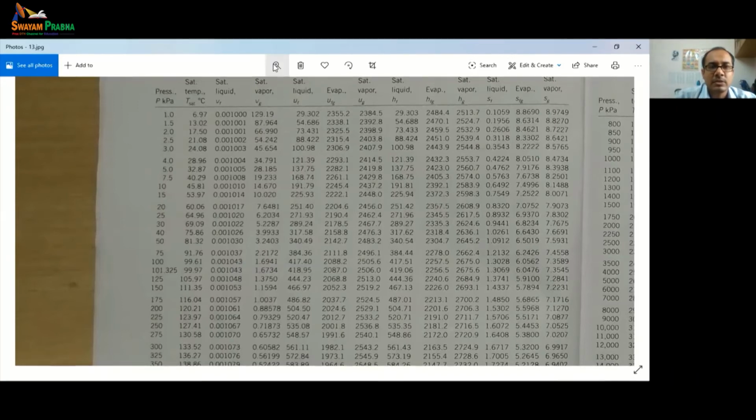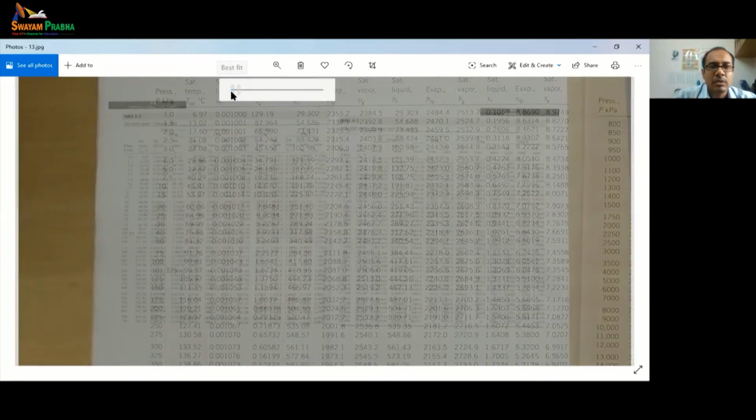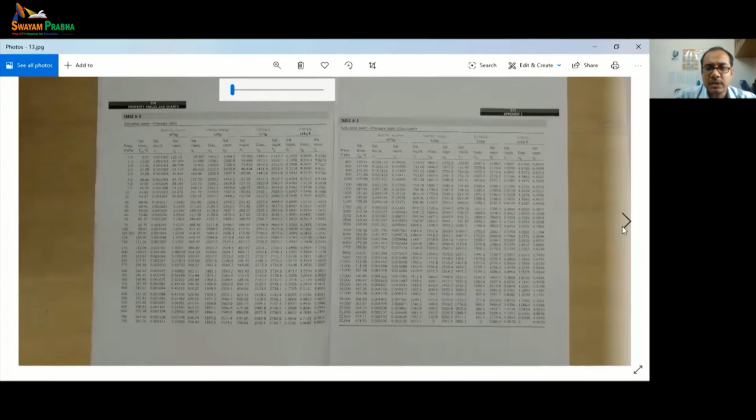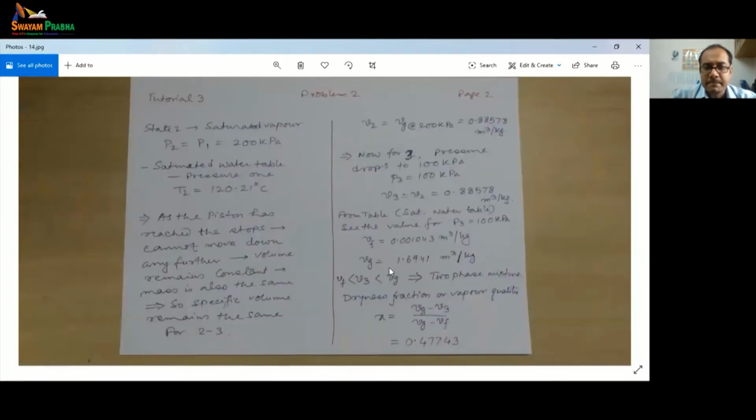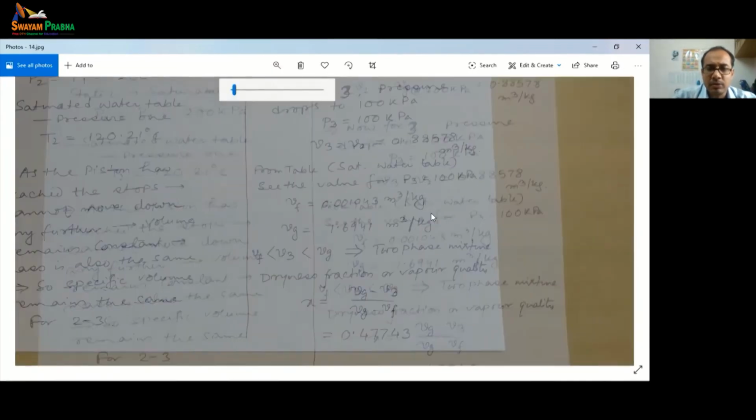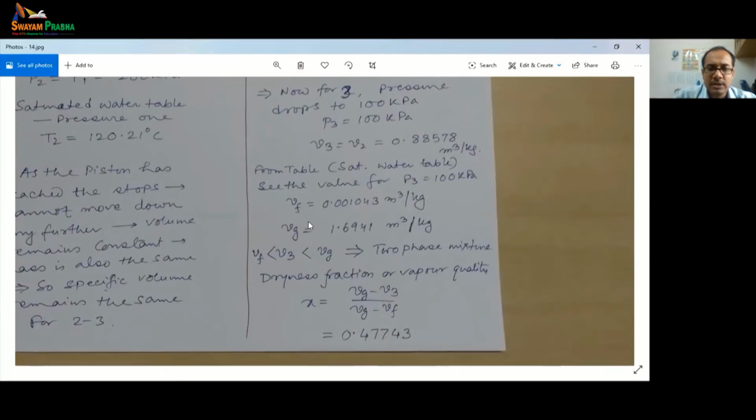Those values we have seen: Vf, which is the fluid specific volume, and Vg, the gas specific volume. These two values we have picked up, and we see that V3 is lying between Vf and Vg corresponding to this 100 kPa.